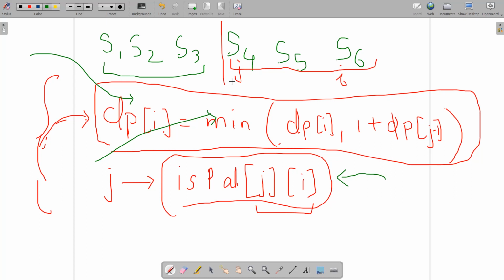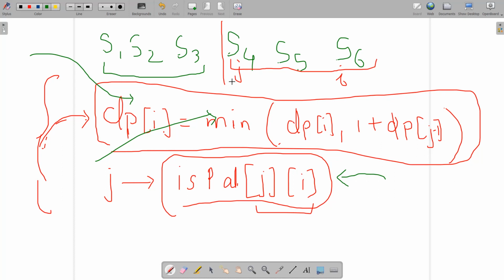Now you can see that we vary I from 0 to the string length, and for every I we vary j from 0 to I minus 1. You can easily see that this already has a time complexity of n square.